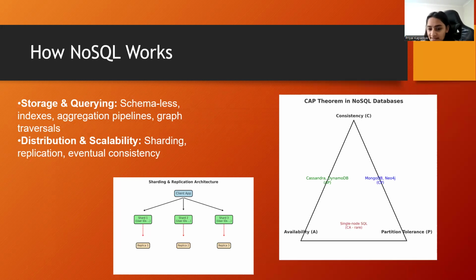For example, the Cassandra and Dynamo database prioritize availability and partition tolerance, while on the other hand, MongoDB and Neo4j prioritize consistency and partition tolerance over availability. And this explains why NoSQL systems behave differently depending on the trade-offs they make.